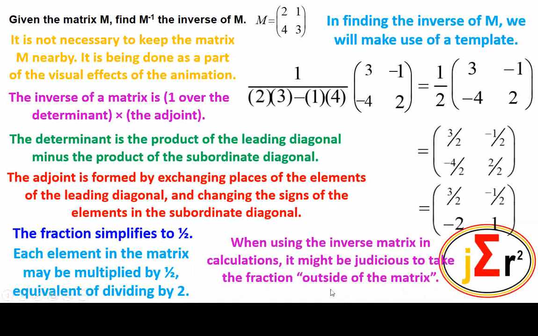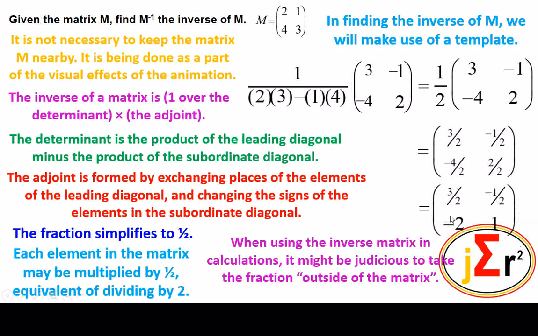When using the inverse matrix in calculations, it might be judicious to take the fraction outside of the matrix. Therefore, if we are required to use this, which of course we most certainly will be required to use it, then we should not use it in this form.